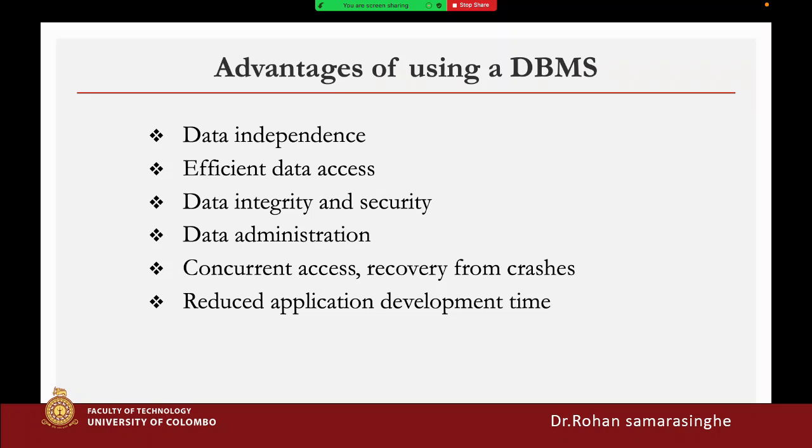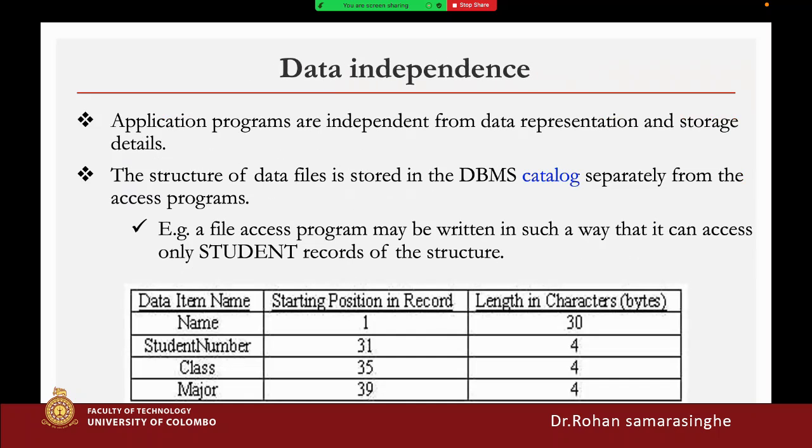And also reduce the application development time. We can reduce the application development time also. Here the data independence means the application programs are independent from the data representation and storage details.